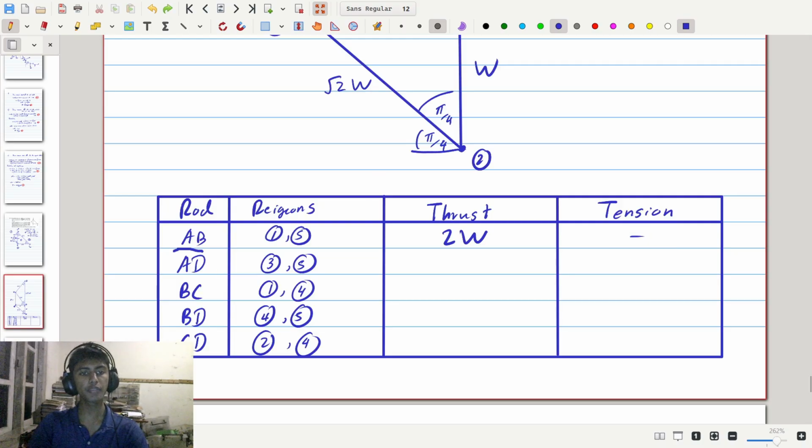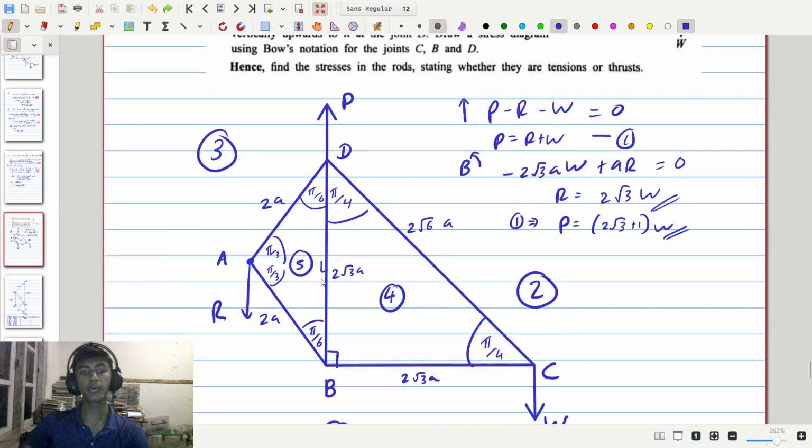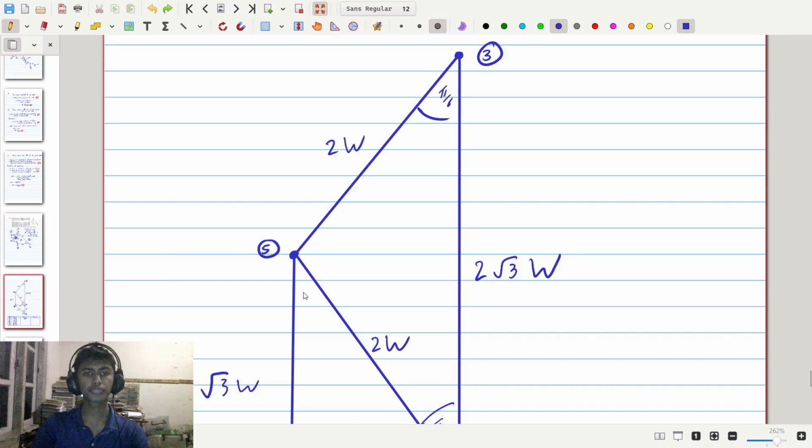Now for the next one, if we consider AD, the regions involved are 3 and 5. We'll choose A again. So for A, going in the anticlockwise direction, for the rod AD, we need to go from region 5 to region 3. Going from 5 to 3, the force is again 2W, but this time it's in this direction.